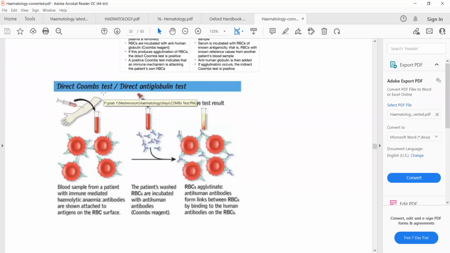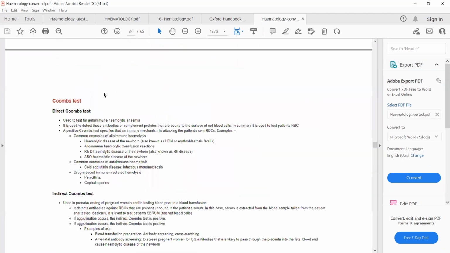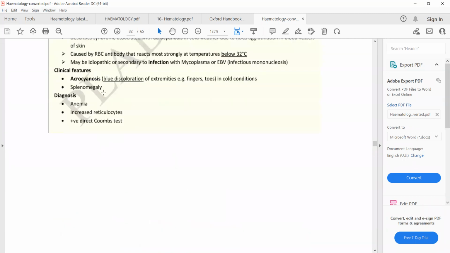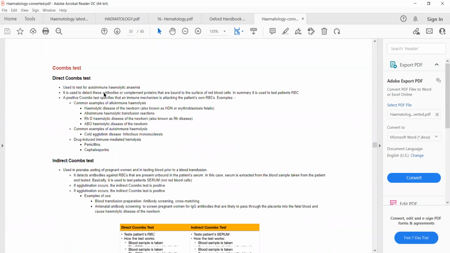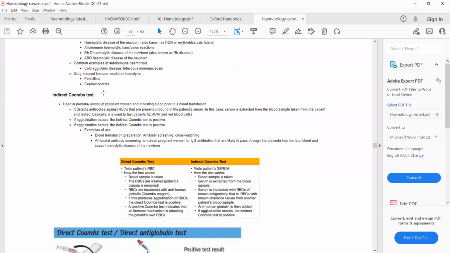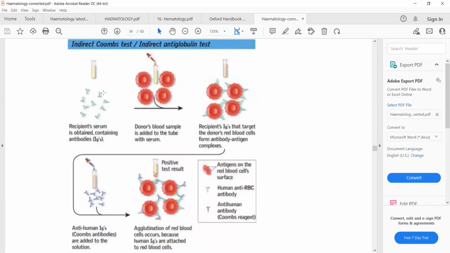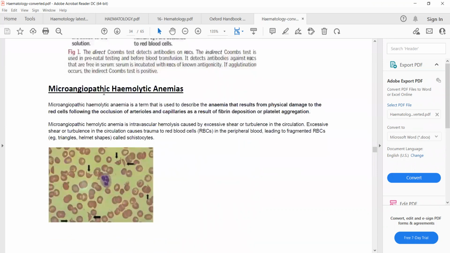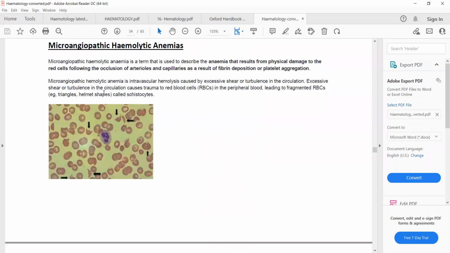So this was a small detail about the direct Coombs test, indirect Coombs test and autoimmune hemolytic anemia. I hope it's clear, everyone. If there is any question, then you can ask. No questions?